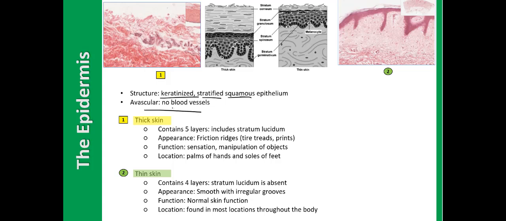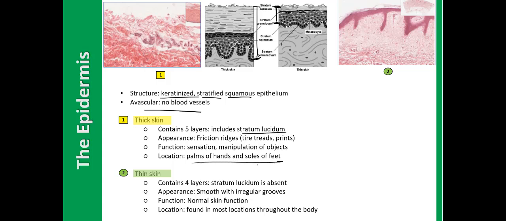We've got two types of skin, thick skin and thin skin. You can see here, in thick skin the epidermal layer is thicker than the epidermal layer of thin skin. Thick skin contains all 5 layers, including the stratum lucidum.